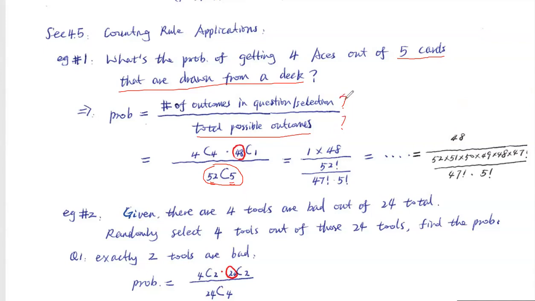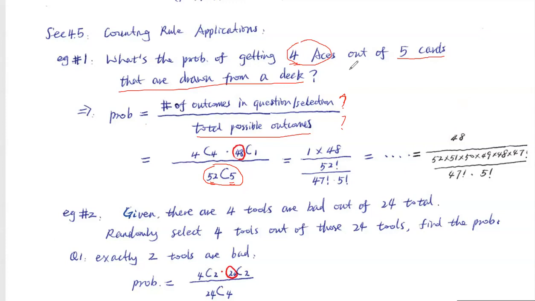How about the numerator? Remember, the numerator is the number of cases that we are asking about. The cases we are considering are where we get 4A out of those 5 cards. That's the goal. So how do we get that? Let's do that step by step. First we check, we want to get 4A from a regular deck.